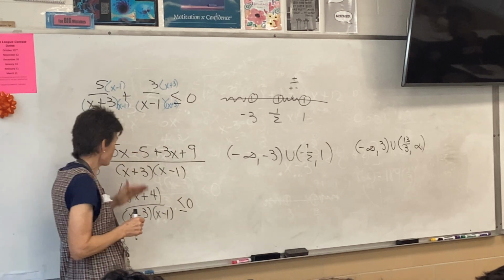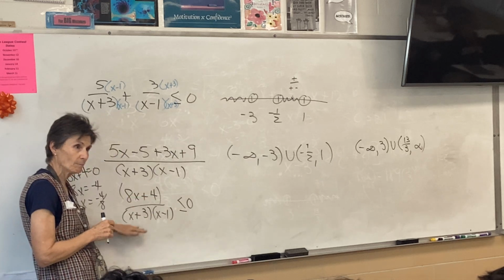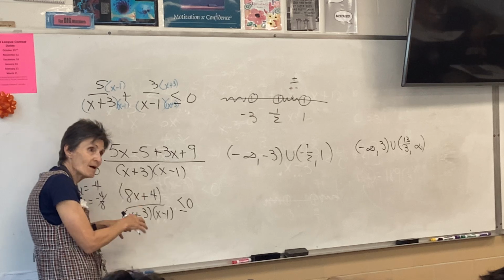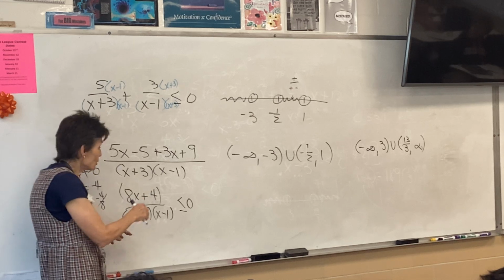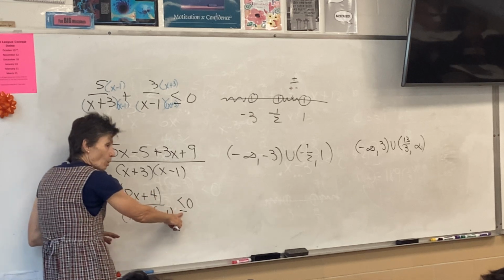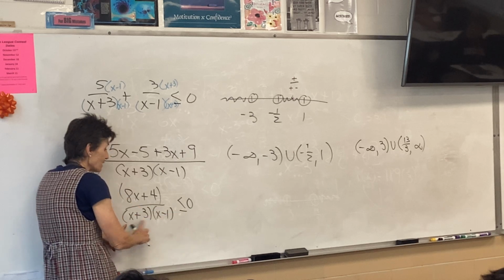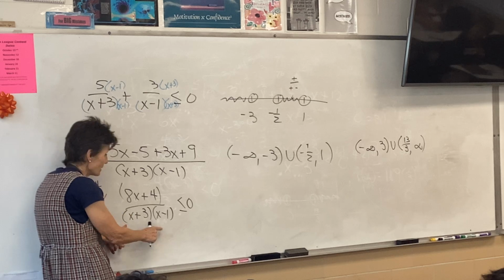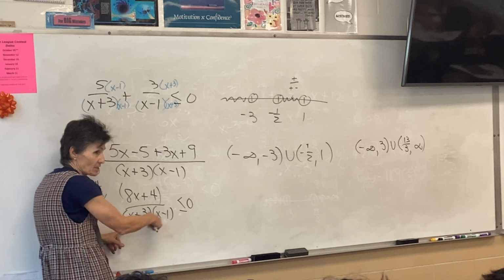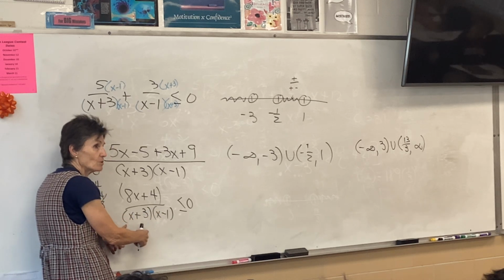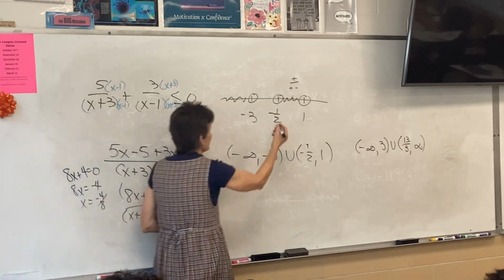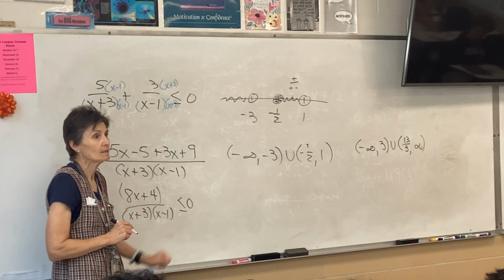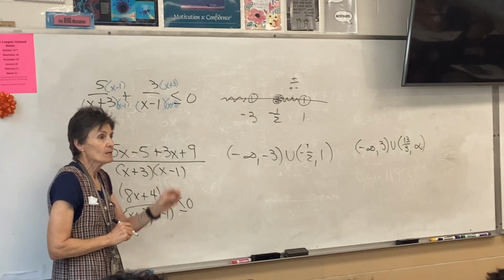In a quotient problem though, a division problem, the denominator can never equal 0. So even if that were an "or equal to," the negative 3 and the 1 would have to stay open. Do you see that? Because if you put a 1 in there, that's going to give you a 0 in the bottom and you can't do it. So if that had been an "or equal to," the only dot that would be colored in is the negative 1/2.